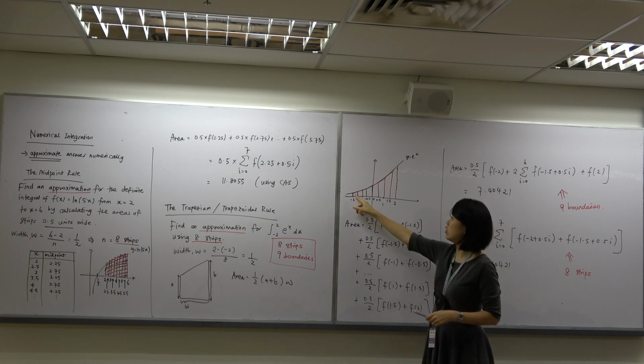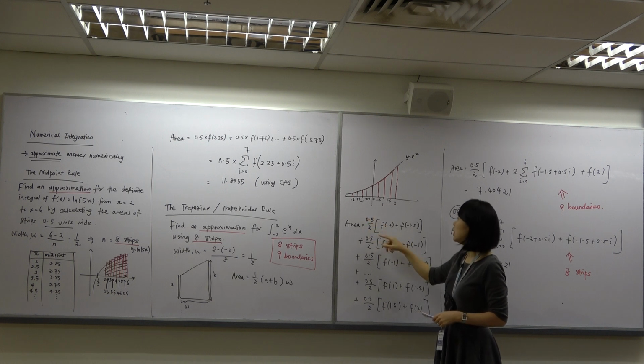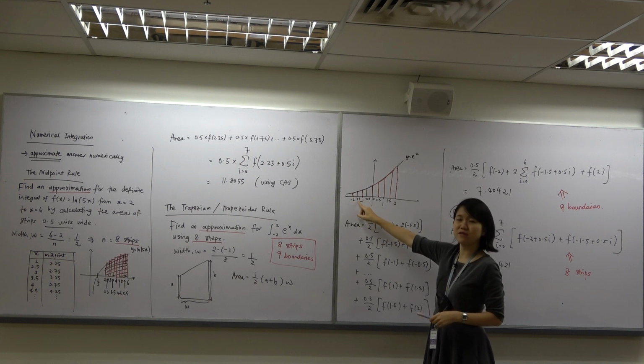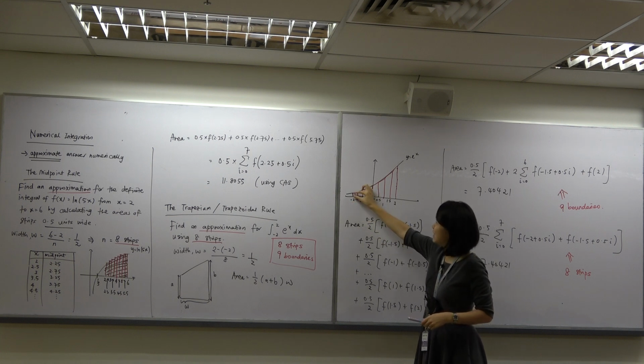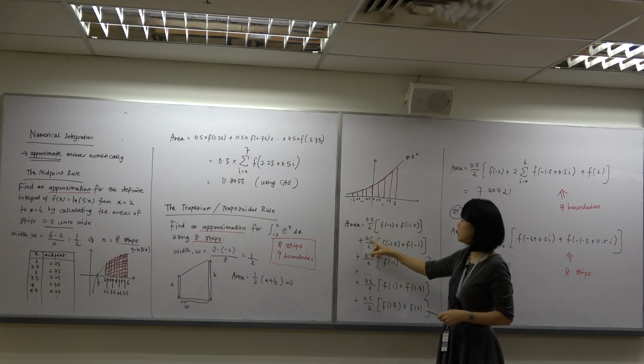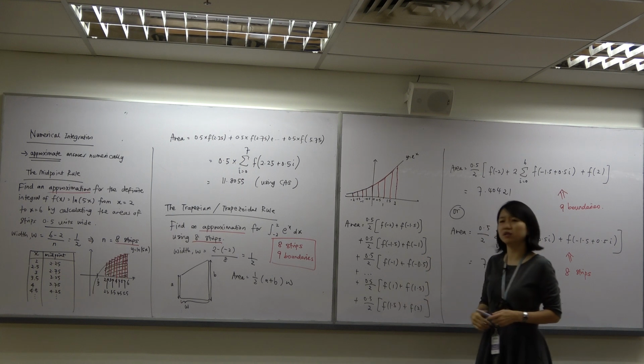I'm going to go with the first trapezium and it is simply width 0.5 divided by 2 multiplied by f(-2) plus f(-1.5), because I needed the length of this and the length of that. Am I correct? So if I were to go with the second trapezium, it will now be 0.5 over 2 times f(-1.5) plus f(-1), and accordingly you're going to do the rest.